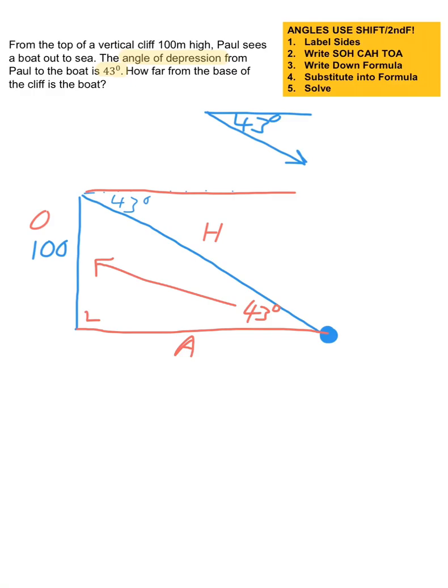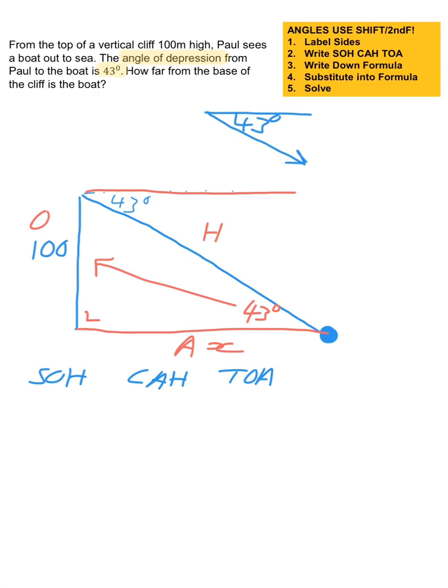And we're looking then for how far from the base, so we're looking for the red line, so let's call that x. Now, let's write TOA. Now, we can see here, my opposite is 100, the adjacent is x, what we're looking for. I have no information for the hypotenuse.